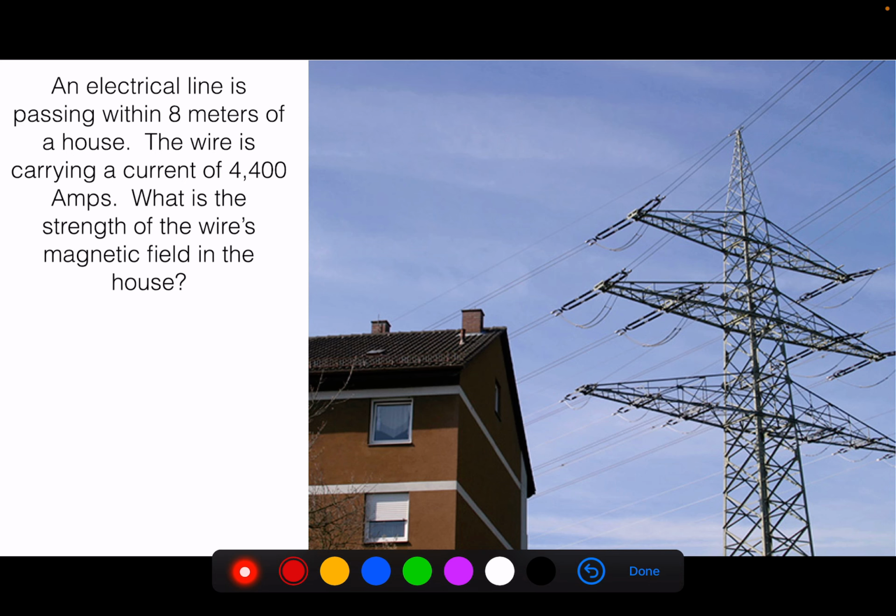We can calculate the magnetic field at a certain distance away from a wire using this formula. We tried something like this before. If you'd like to find the magnetic field at a house, you would simply plug into the equation that we just had and solve for magnetic field.